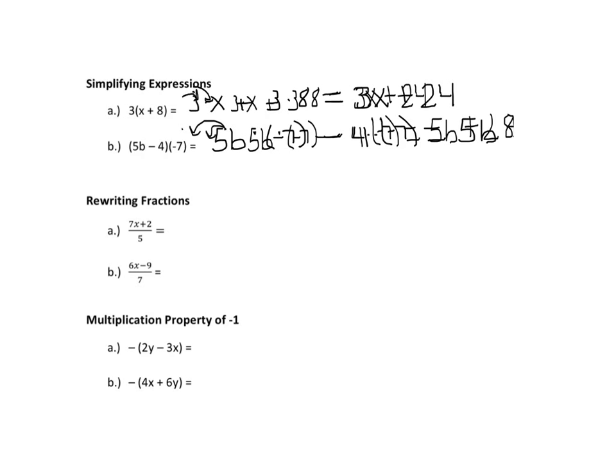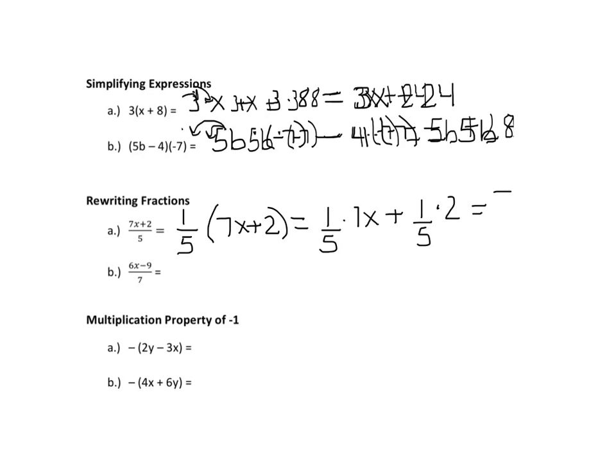Now we will look at rewriting fractions. If I have 7x plus 2 over 5, that is the same thing as having 1/5 times 7x plus 2. I can then use the distributive property and have 1/5 times 7x plus 1/5 times 2.